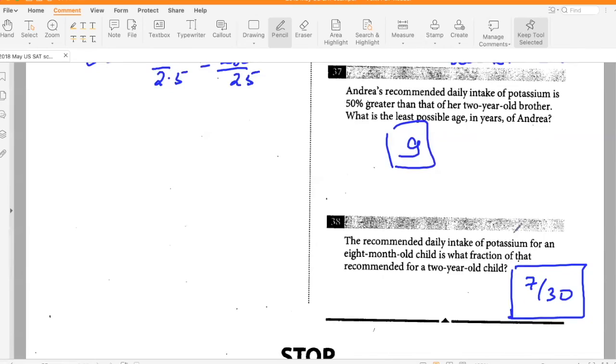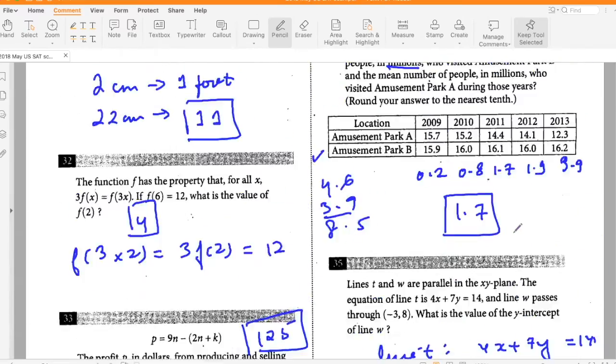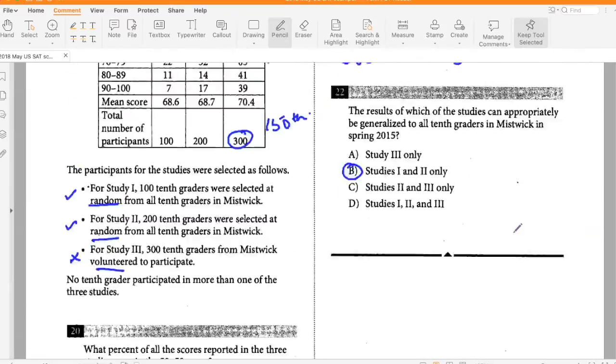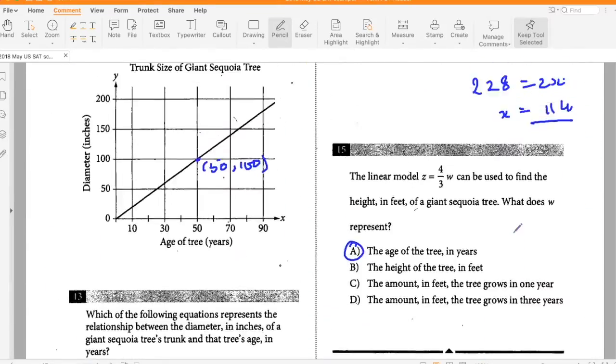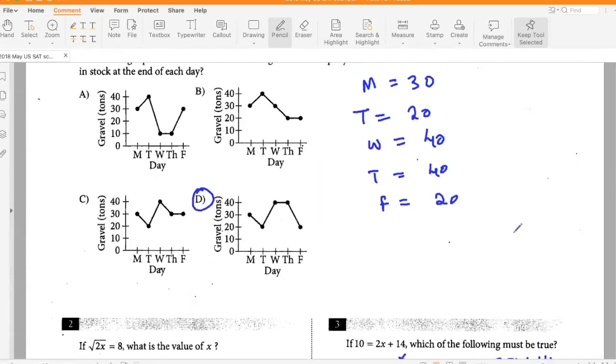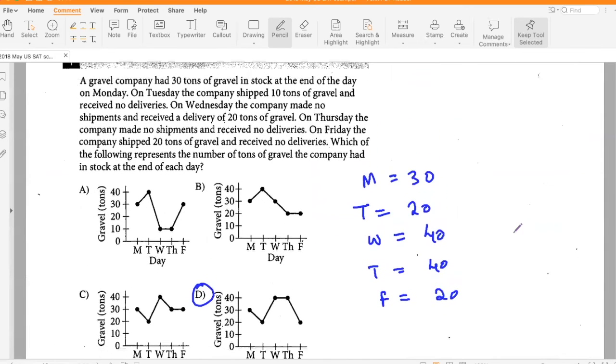Okay. So let's grade this. May 2018, calculator. Question 1. Okay.